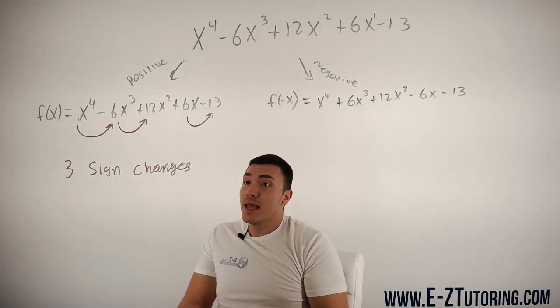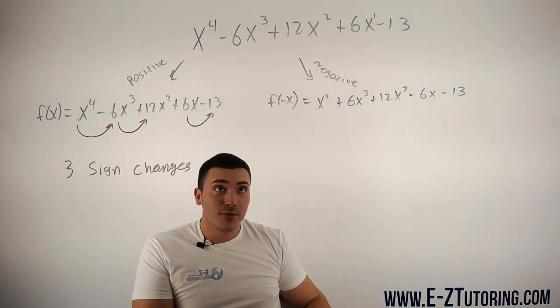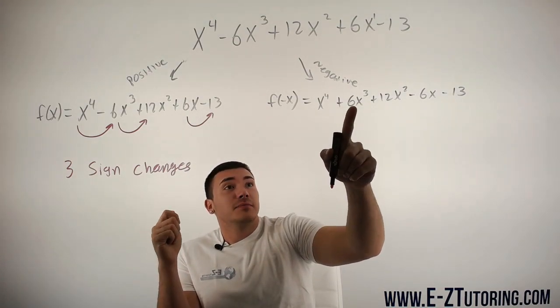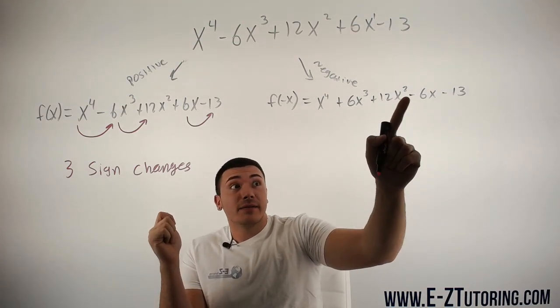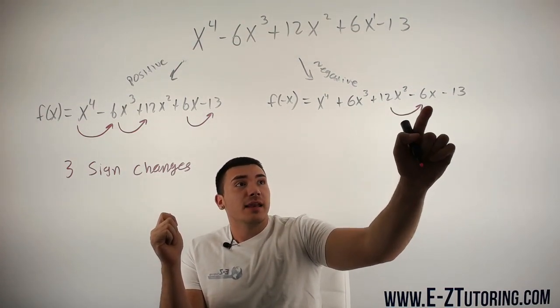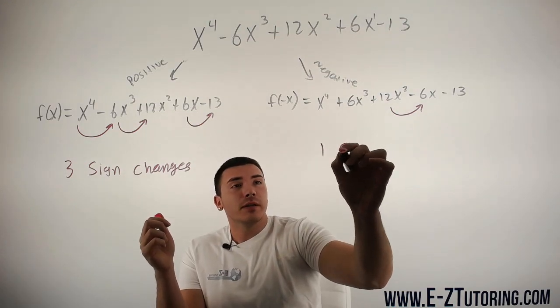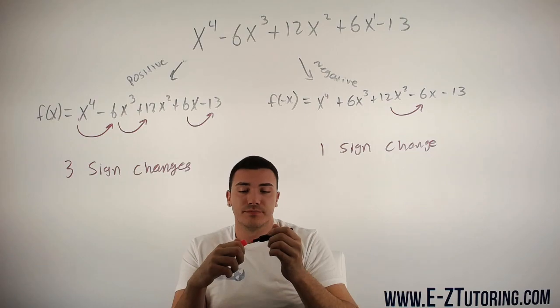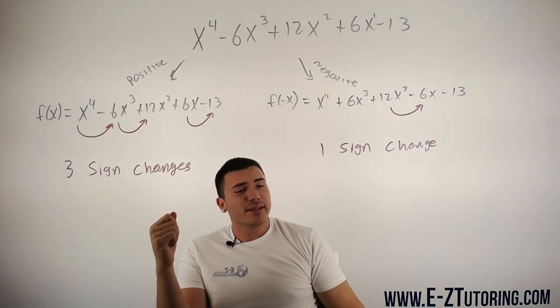Now I will go over what that means in a second, but first I would like to do f of negative x as well. Positive to positive, positive to positive, positive to negative, and negative to negative. So we have one sign change over here. All right, so what do these sign changes mean?